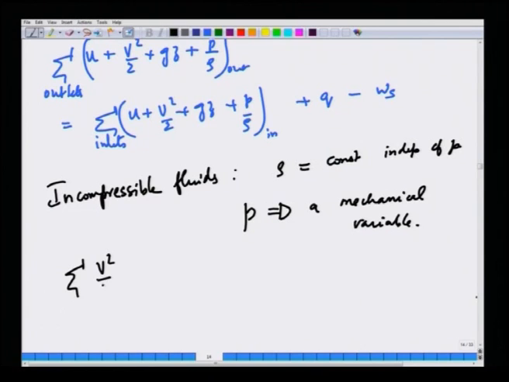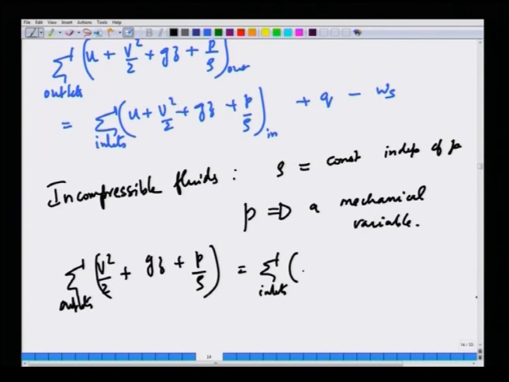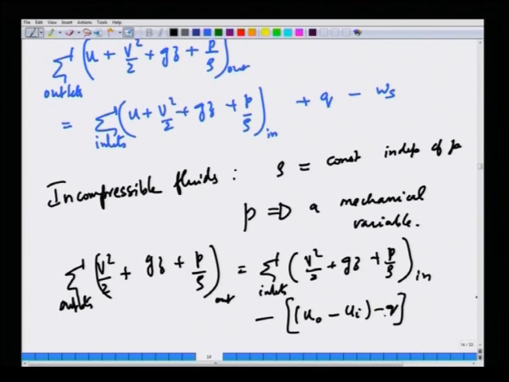The summation of V²/2 + gz + P/ρ over all outlets is the summation over all inlets of V²/2 + gz + P/ρ, this is at outlet, this is at inlet, plus (u out minus u in) minus q, okay, minus ws, small ws, this is not a rate.